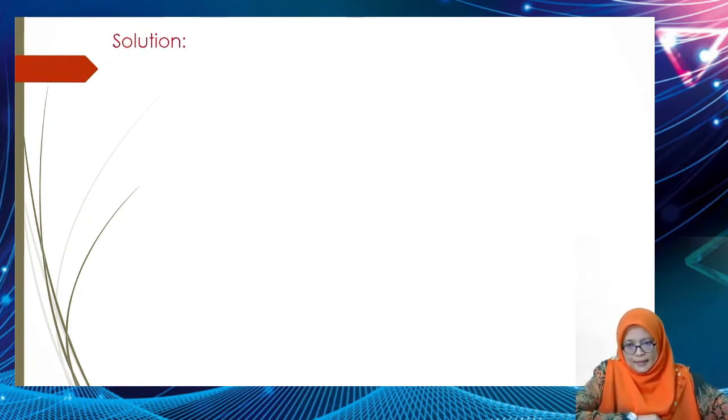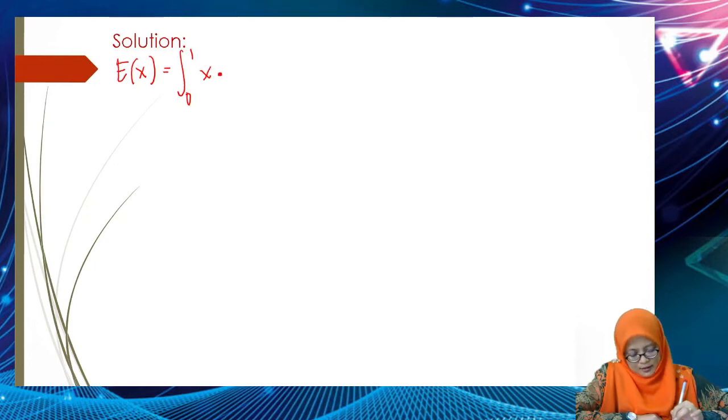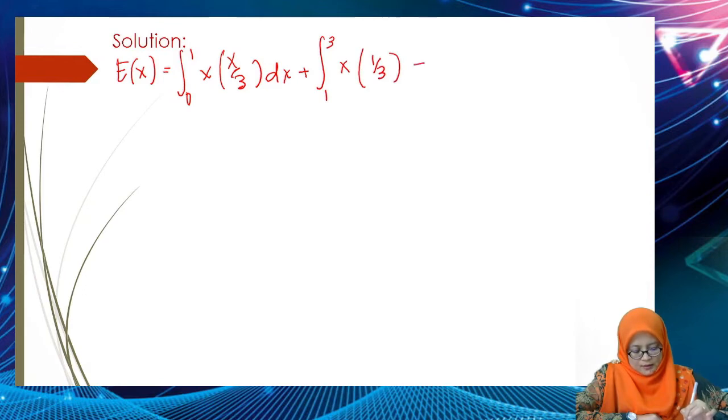Okay, so kita akan darab kita punya setiap function tu dengan X. So ni expectation of X. Okay, so for the first interval 0 to 1. So darab dulu function tu dengan X. So function dia adalah X over 3. Plus, so from interval 1 to 3, so X darab awak punya function is 1 over 3, plus 3 to 4.